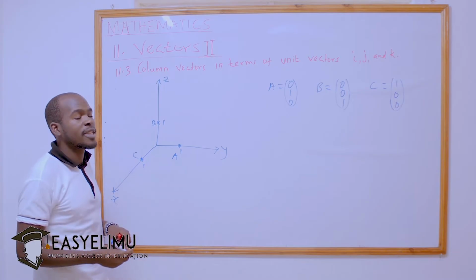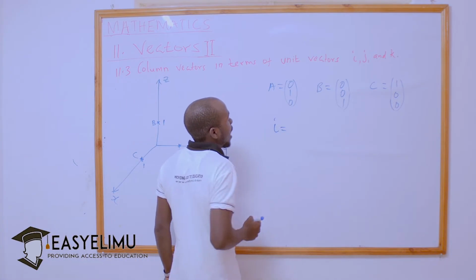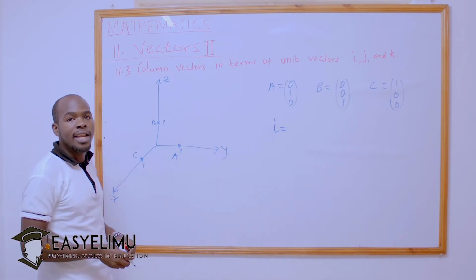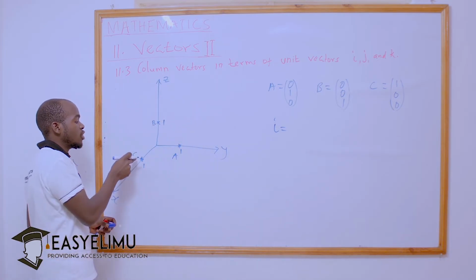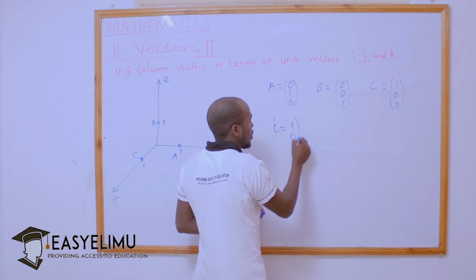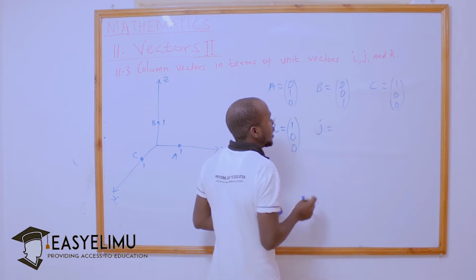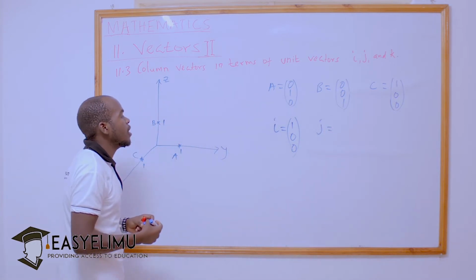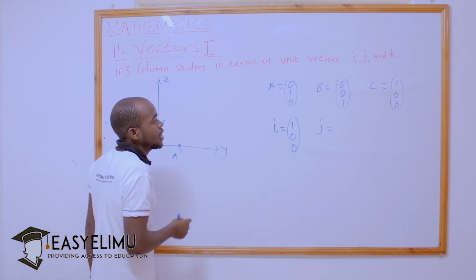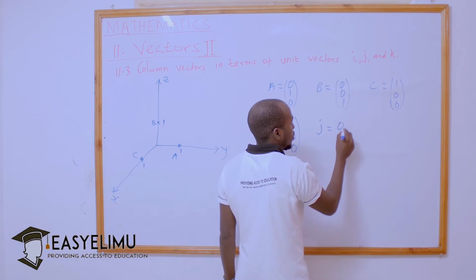Instead of that one, we can say it is i. i is normally in x direction, so that of C is 1, 0, 0. That is for i. And for j and k: j is in y direction, so that of A is 0, 1, 0.